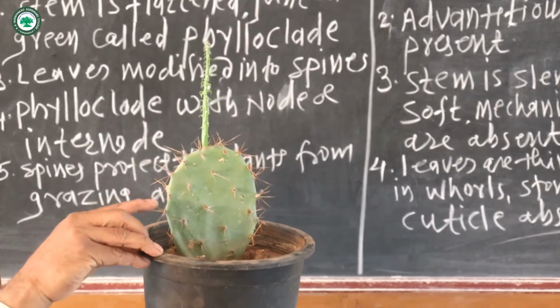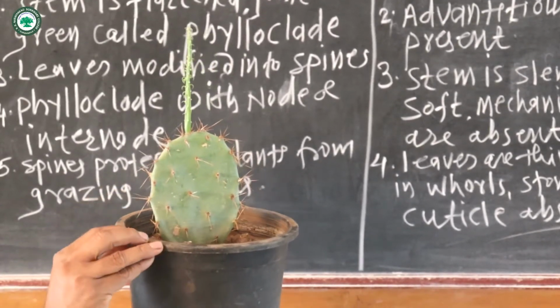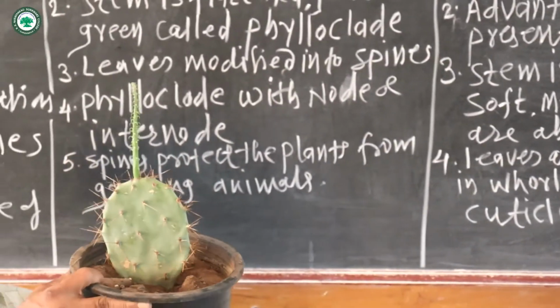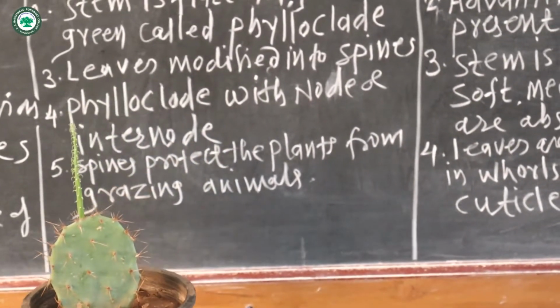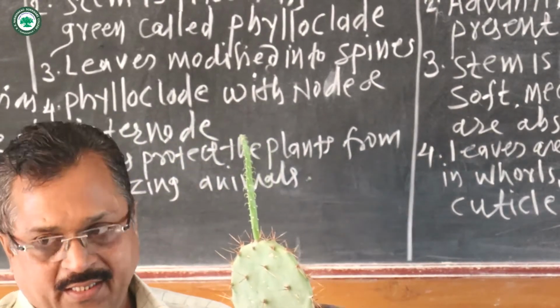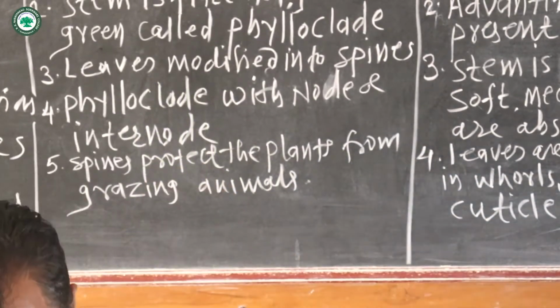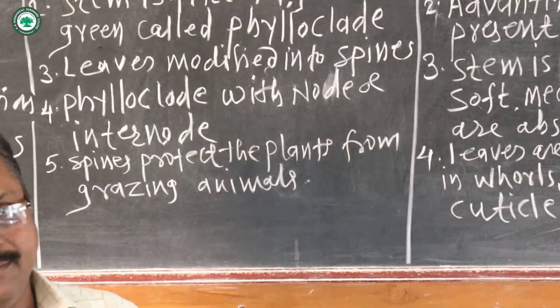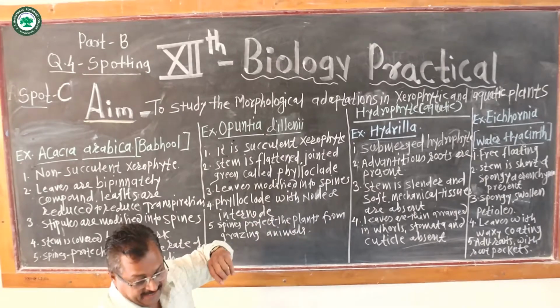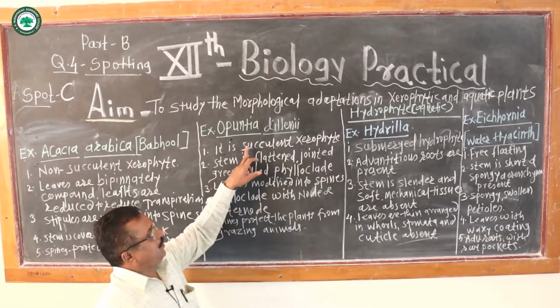Between these two spines the internode is present, so the phylloclade is differentiated into nodes and internodes. Spines protect the plant from grazing animals. This is the characteristic feature of the second plant, Opuntia dillenii.